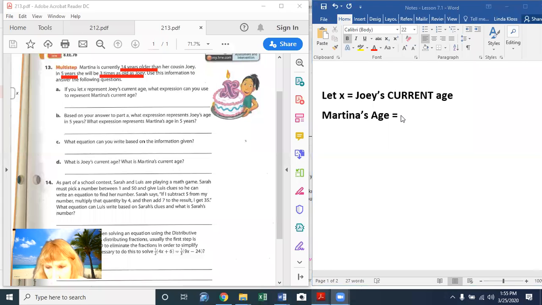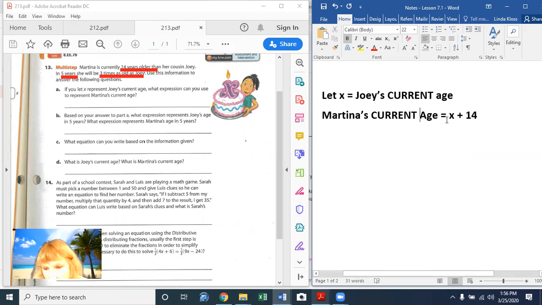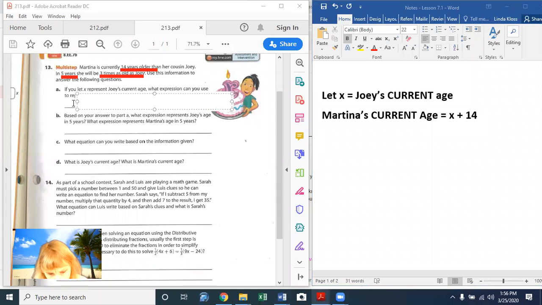So if Joey is X, how much older is Martina? Yeah, 14. So X plus 14, and that represents, I'm going to put current in here so we know it means current age. She's X plus 14. So is that the answer? What expression can you use to represent it? Yes, we can fill that in. X plus 14.